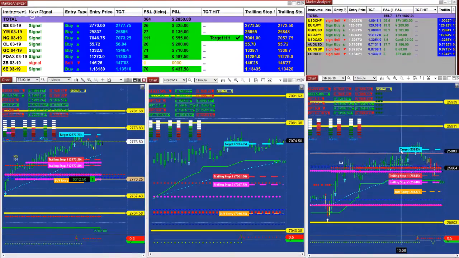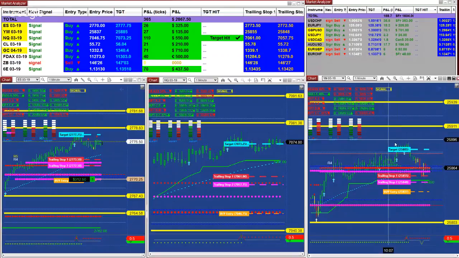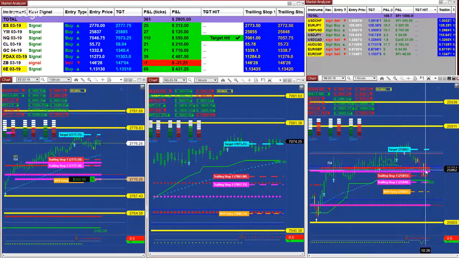If we look at the YM, it's exactly as expected, coming into the double support line, and the YM is not going to react until the ES reacts.